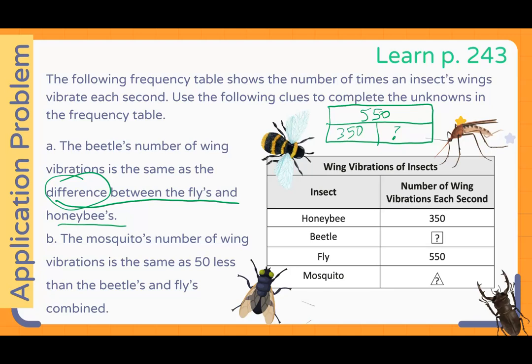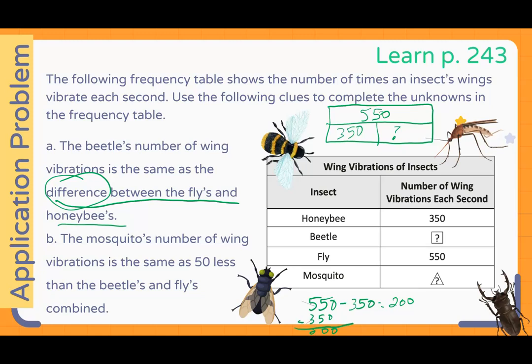We have to do 550 minus 350. Okay? You can stack them. We get 200.